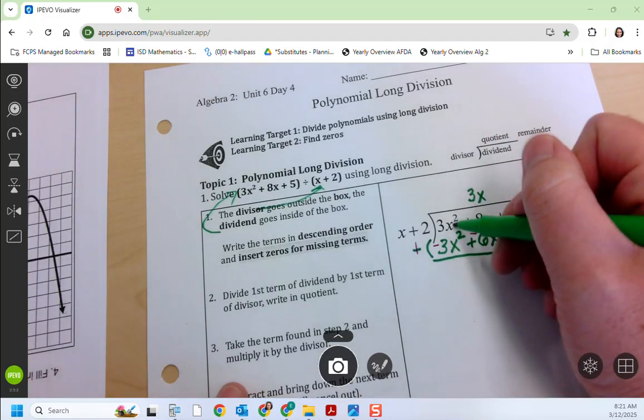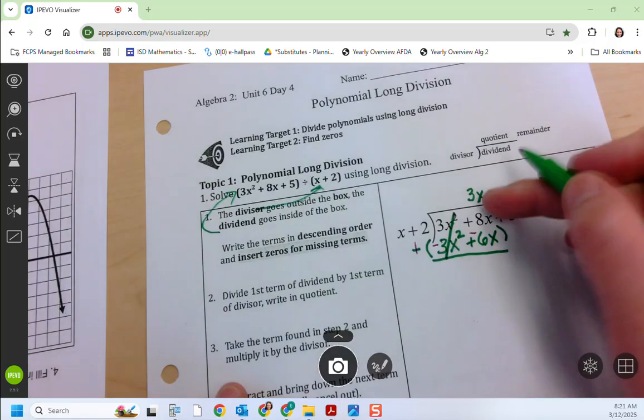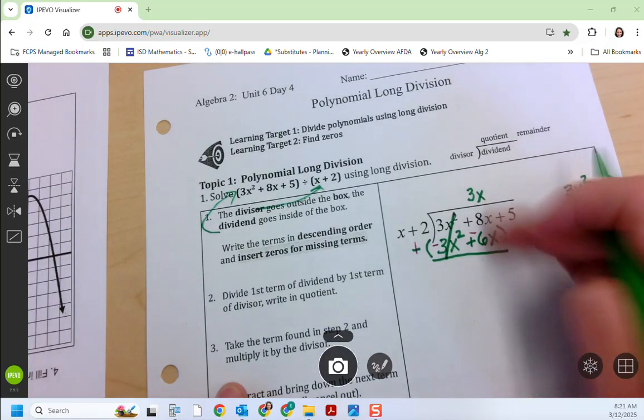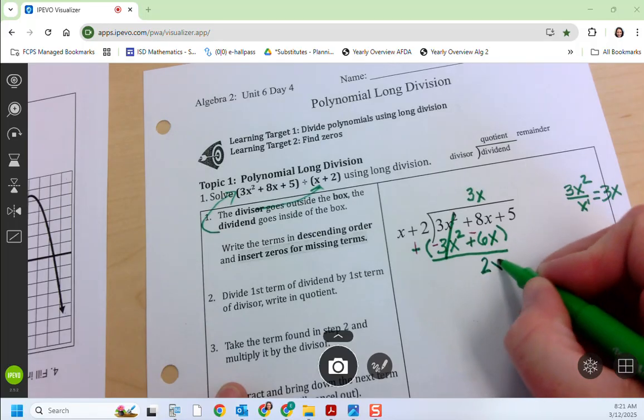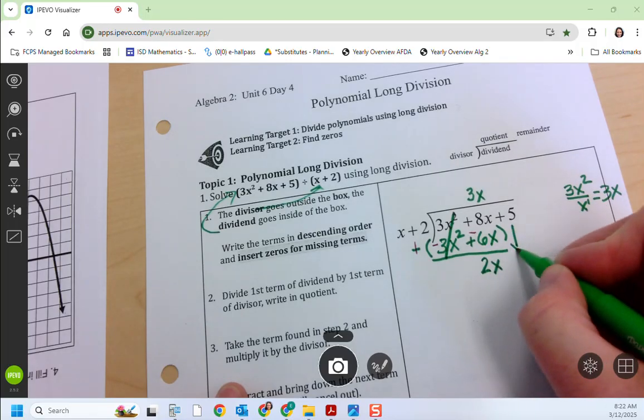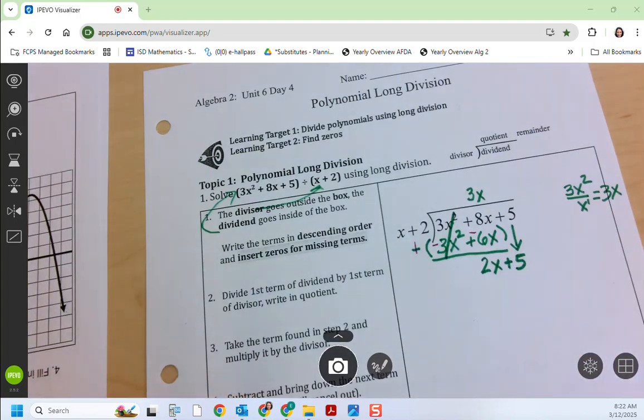So the first two terms should cancel out by design. These two terms, you either are doing plus negative or you're minus. Either way, you get 2x. And then you bring down plus 5. And then we do first term divided by first term again.